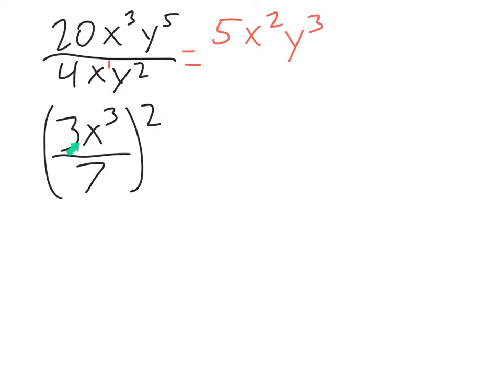In this one we have 3x cubed over 7 all squared. So like I said, you have to square everything here. So that exponent goes to everything there. So first, the numbers you raise to the exponent. So 3 squared is 9.